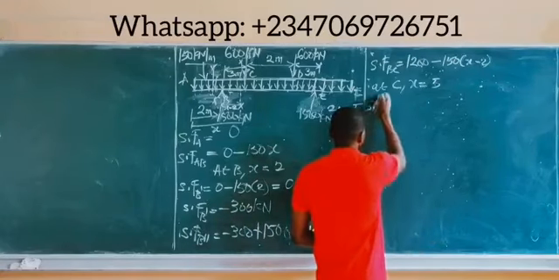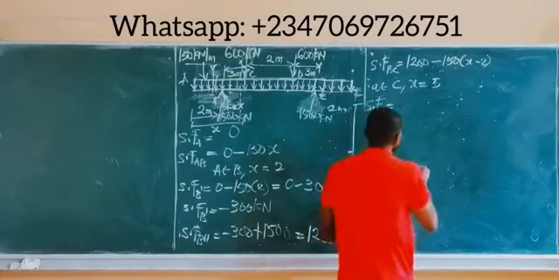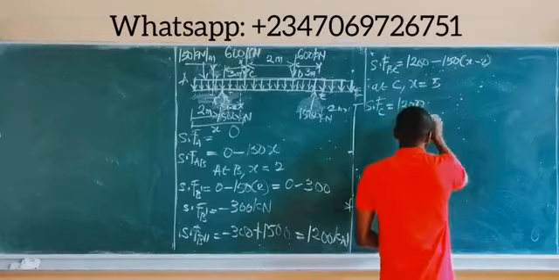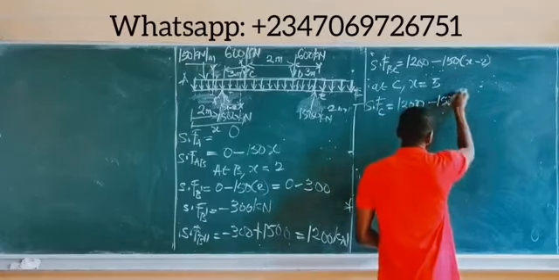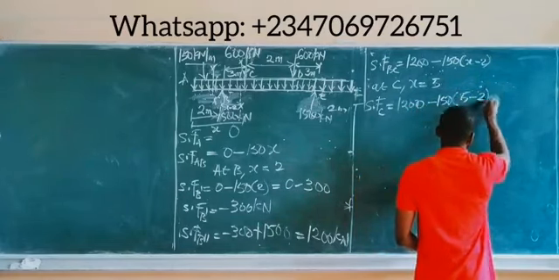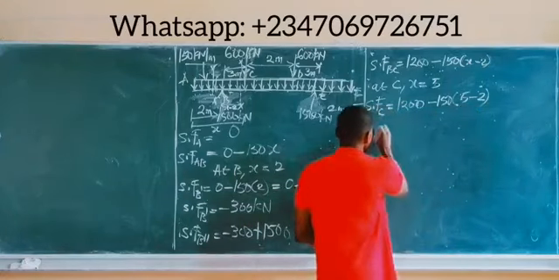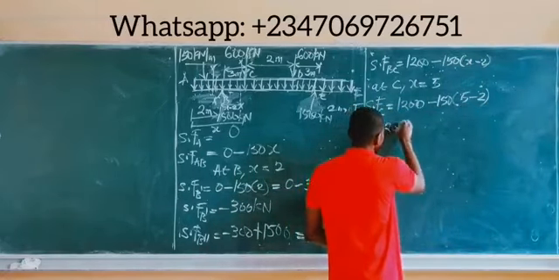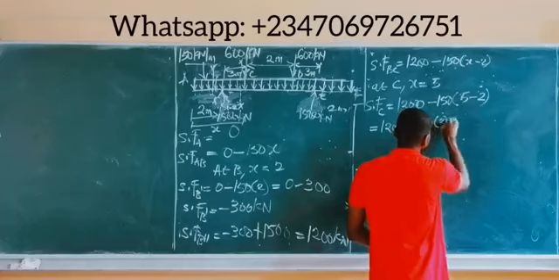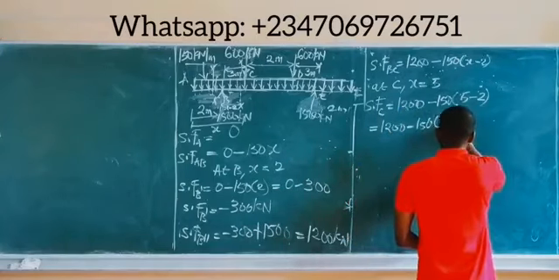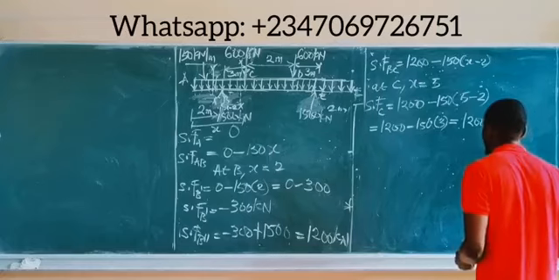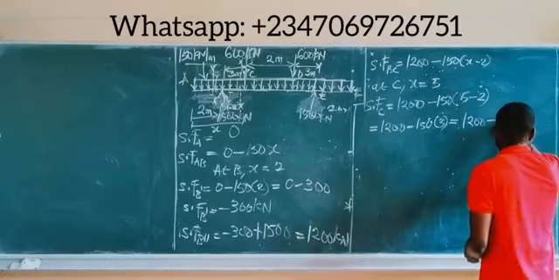Therefore, shear force at point C is equal to 1,200 minus 150 into, in place of x, you put 5 minus 2. 5 minus 2 is 3, and 150 times 3 is 450.